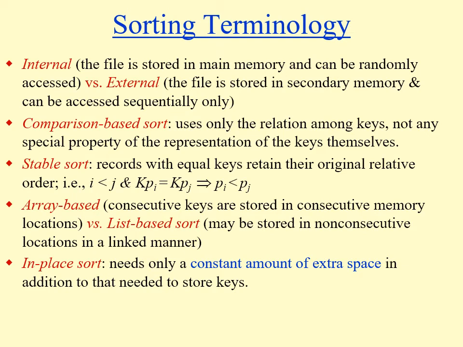So could you think about any sorting algorithm which is not in place that we have learned before? We learned only insertion sort and merge sort, is that correct? Let's look at merge sort. Is it in place?